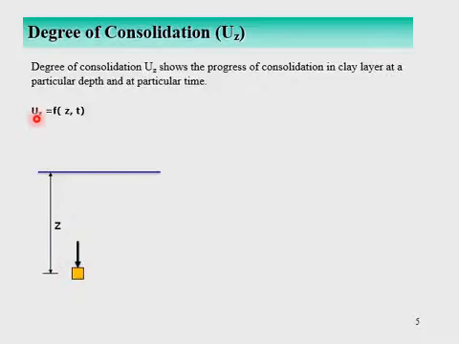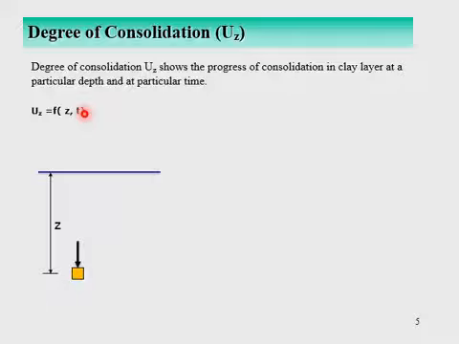So this UZ is a function of depth and time. At a particular depth in the layer, at a particular time, UZ would give you how much this point or element has been consolidated, right? So definitely at the start of consolidation UZ would be 0 because there would be no consolidation, and after a long time, that soil element at a particular depth would have been consolidated and UZ would be 100% or equal to 1.